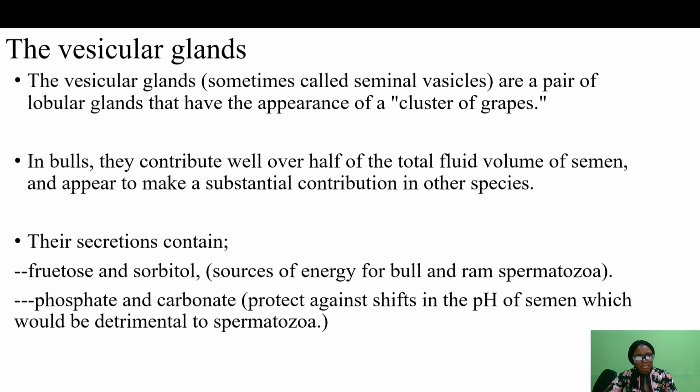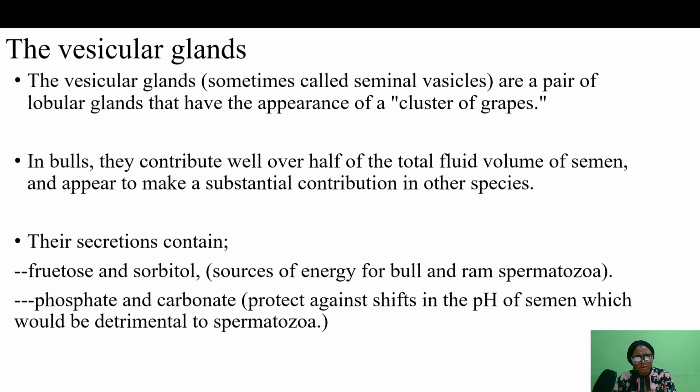They occur in pairs, and they have the appearance of a cluster of grapes, just as we have seen earlier. In bulls, they contribute more than half of the total fluid volume of the semen, and they appear to be substantial in other species. Their contribution contains fructose and sorbitol. These are sources of energy for the spermatozoa, because sperm cells travel far within the body of the male and the female before reaching the egg at the fallopian tube.